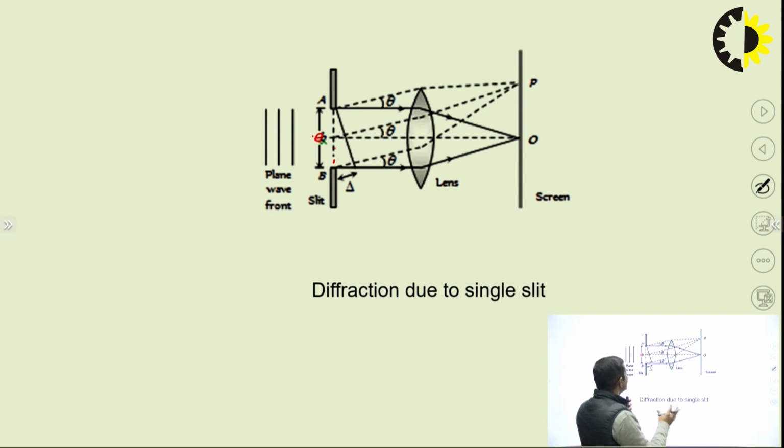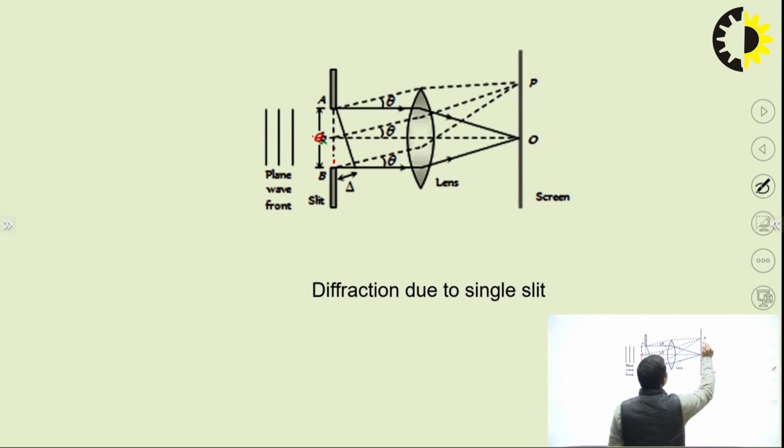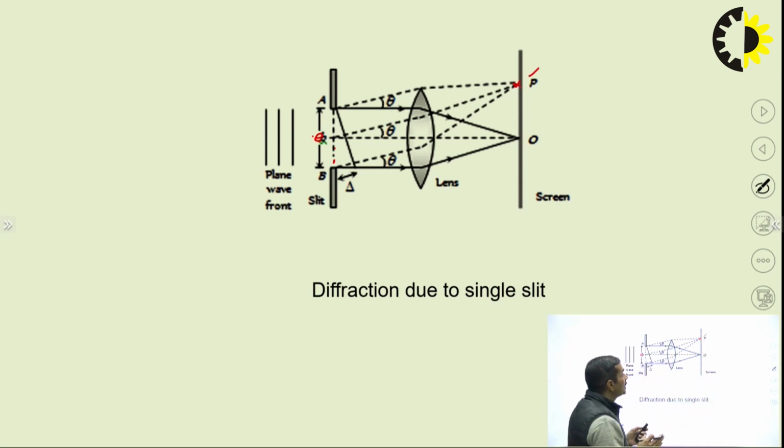First we will find the resultant intensity on the screen at point P. Our problem is to find the resultant amplitude or corresponding intensity at point P due to superposition of n number of slits. Here AB is a single slit, and we have considered the slit size e.